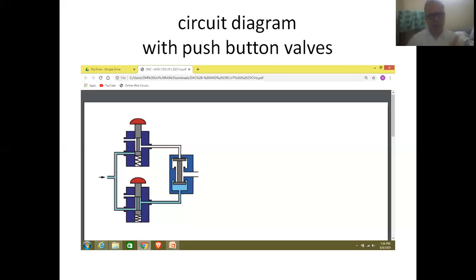And the cylinder is arranged in horizontal position, therefore they are referred to as horizontal cylinders. And friends, this is the second circuit. Now, in the case of the second circuit, push buttons are used for controlling valves and valve elements.